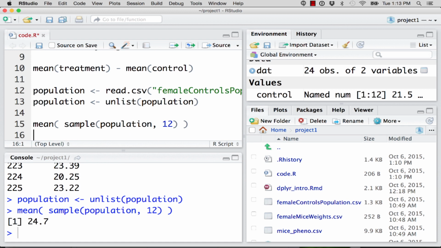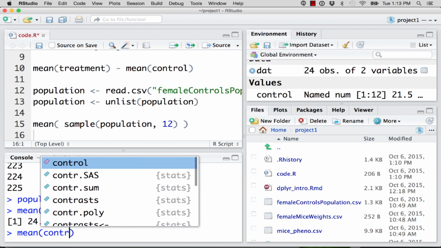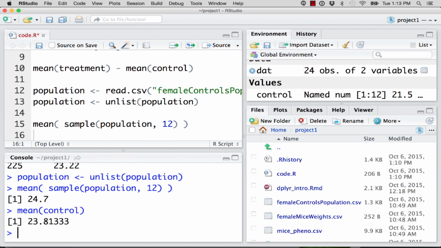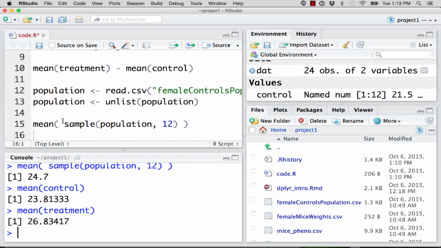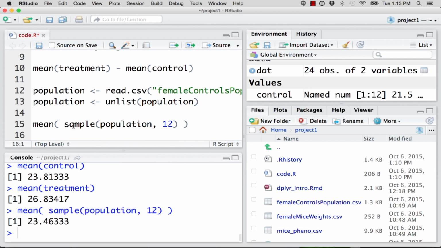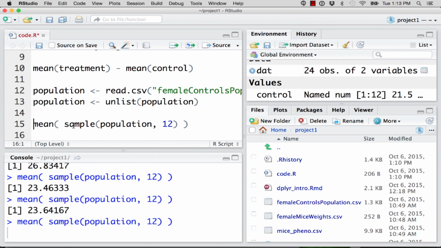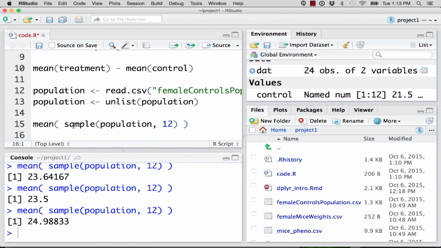now it's 24.7. Now, what was it before? It was 23 something. Let's look at it again. 23.8, and the treatments were 26.8. So if we do this over and over again, every time we get a different number, because it's a different random sample, and we get a different mean.